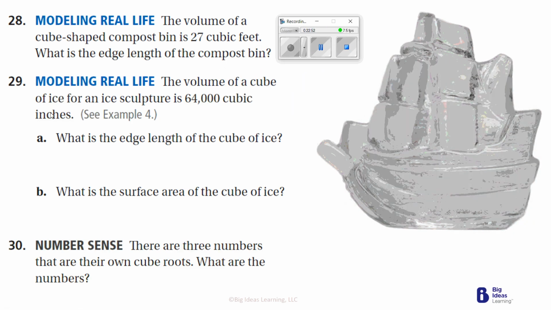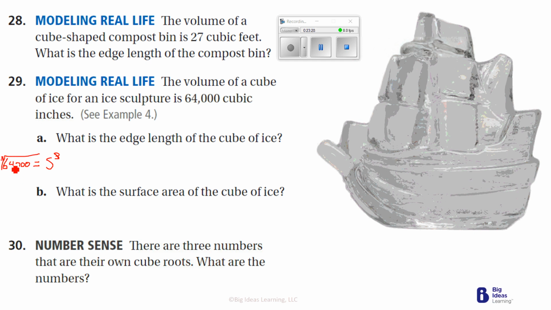29 says the volume of the cube of ice for the ice sculpture is 64,000 cubic inches. So they want to find one edge. Remember, this is a cube, so the edge is going to be multiplied by itself 3 times to find the volume. So this is basically going to be s cubed, which is equal to 64,000. We will get rid of this and put the cube root over here.